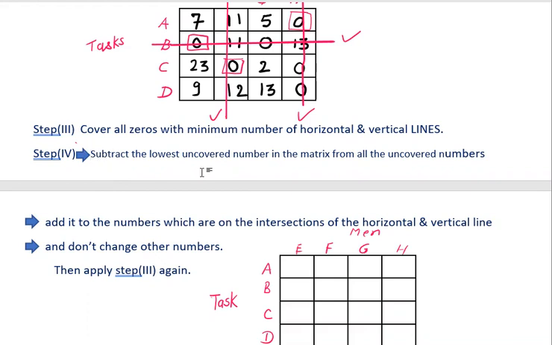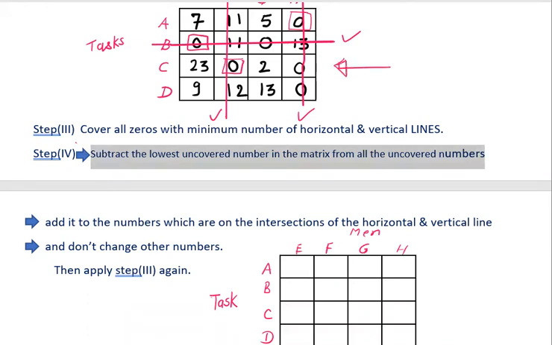Subtract the lowest uncovered number in the matrix from all the uncovered numbers. So what is the smallest uncovered number? Look at this matrix in step 3.